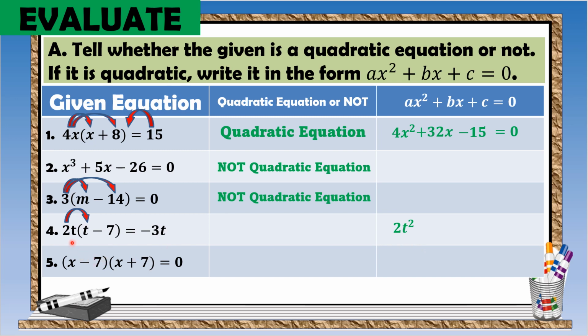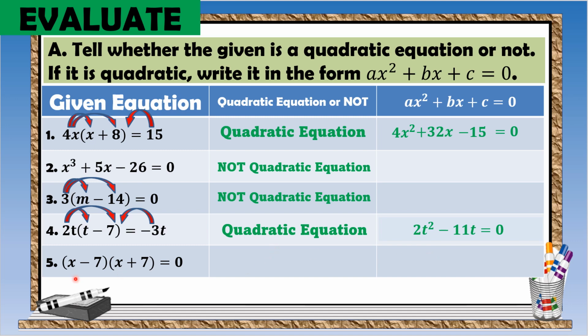Then 2t times negative 7, we have negative 14t. Then just transpose negative 3t, so it gives us positive 3t, then write equals 0. As you can see, since we still have similar terms, negative 14t and 3t, we have to simplify this. Negative 14t plus 3t gives us negative 11t. So this is a quadratic equation.